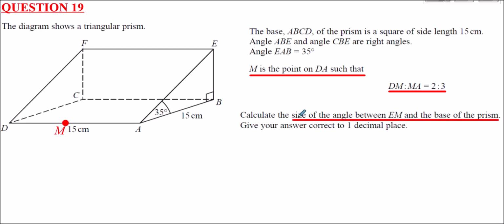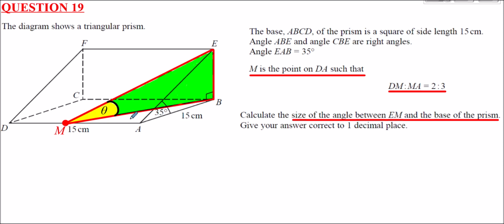Now, ultimately, we need to work out the size of the angle between EM, so from E to M, this straight line here, and the base of the prism. So I'm just going to draw in the angle we're trying to find. And so we're trying to find this angle theta here. So theta is between the base, which is from M to B, and M to E. So it's this angle in between the base and M as it rises up to E. We want to give that to 1 decimal place.